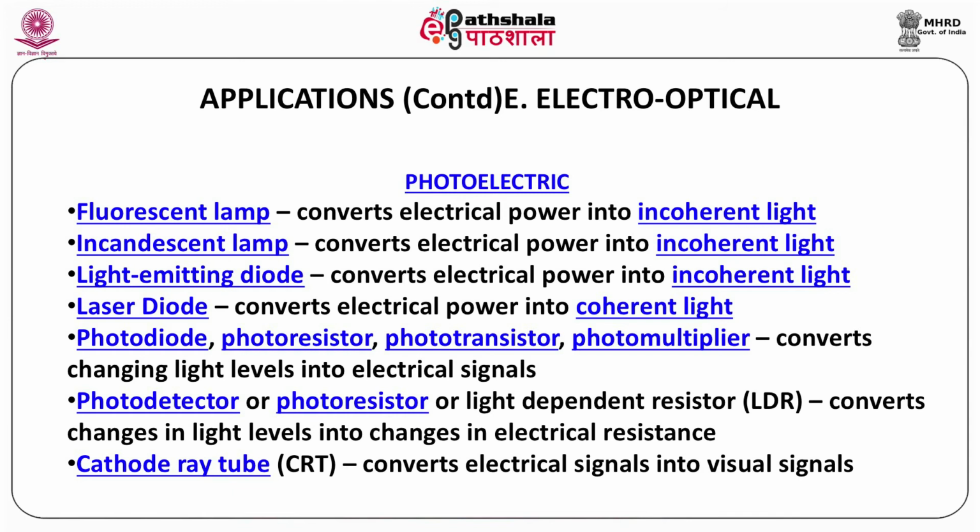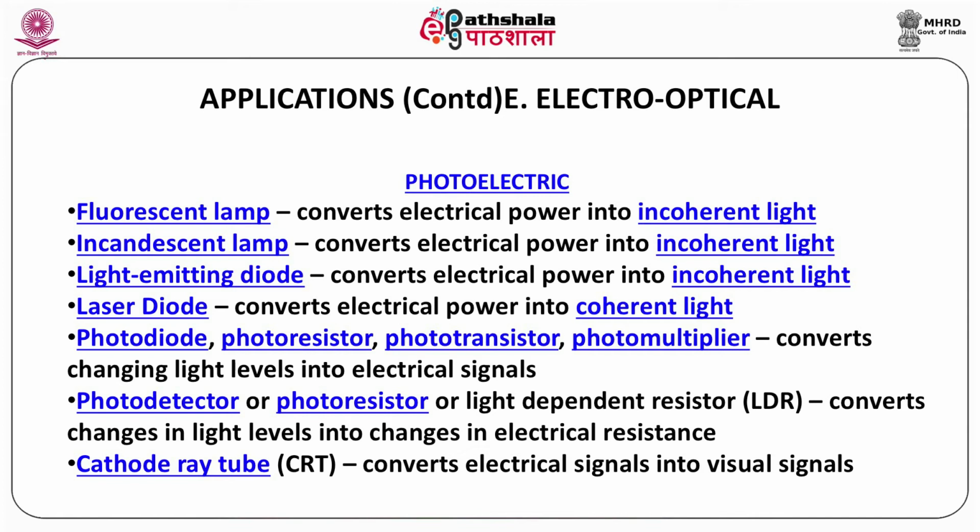Now the other one, the last one, is the photoelectric. In the photoelectric category, the fluorescent lamp is an example which converts electrical power into incoherent light, as does the incandescent lamp, and the light emitting diode.